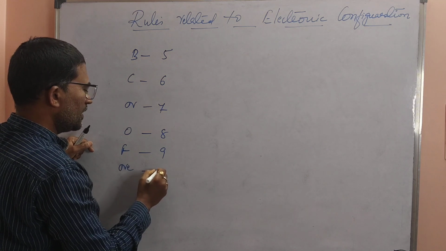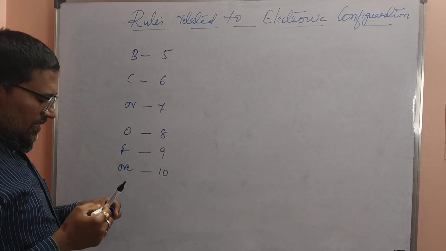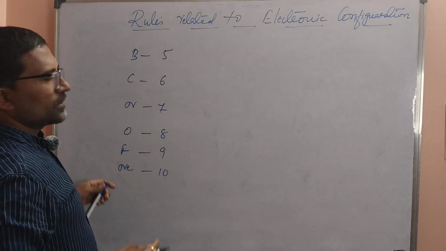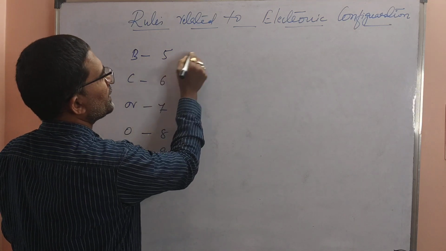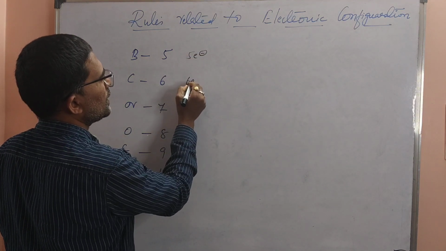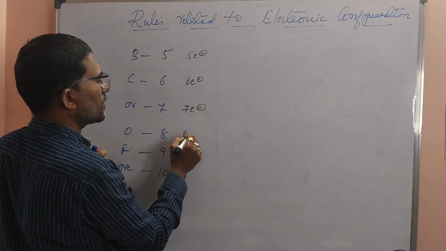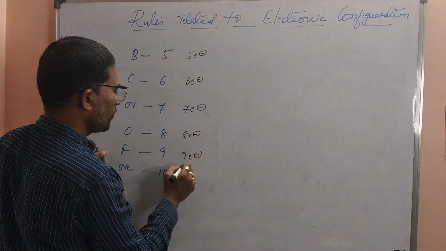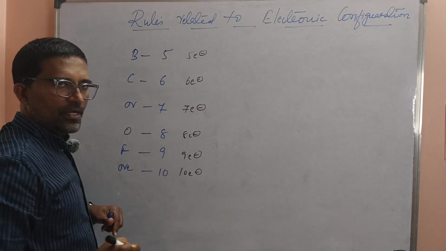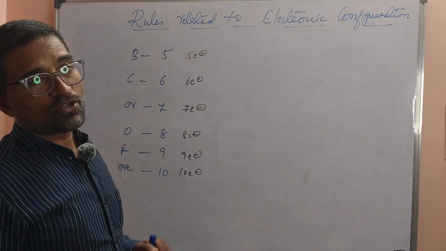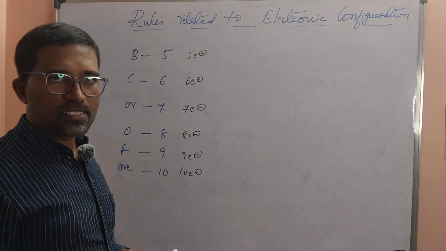Fluorine is 9. Neon is 10. Boron contains 5 electrons, 6 electrons for carbon, 7 electrons for nitrogen, 8 electrons for oxygen, 9 electrons for fluorine, 10 electrons for neon. Now, sir, how these electrons are filled in degenerate orbitals, that we have to understand.